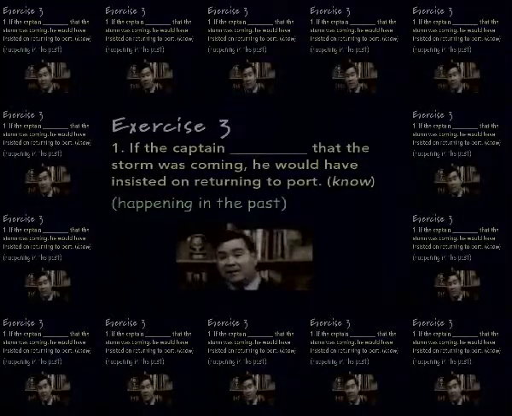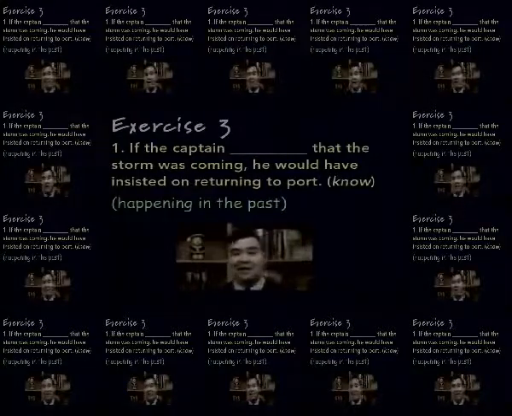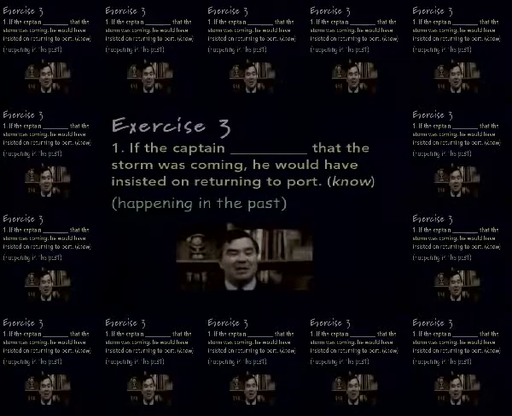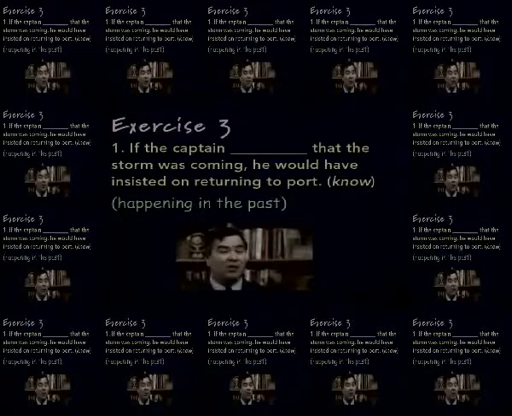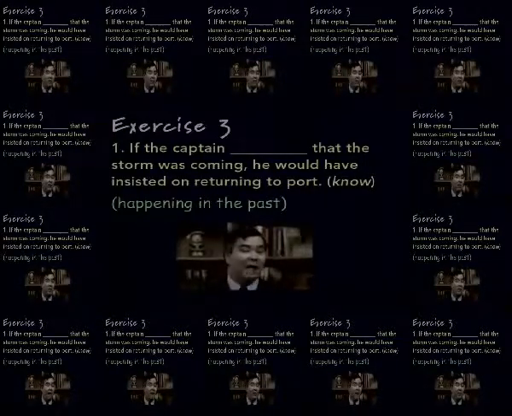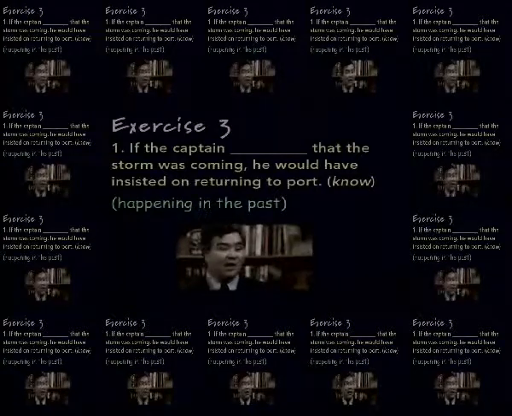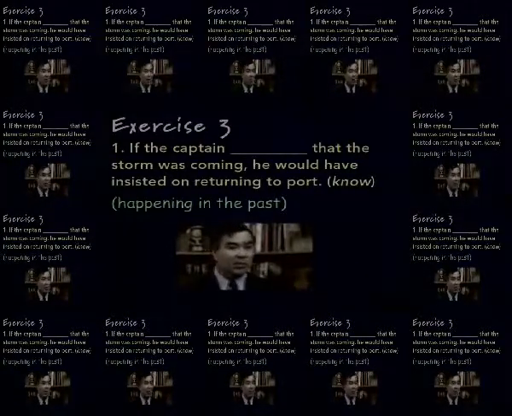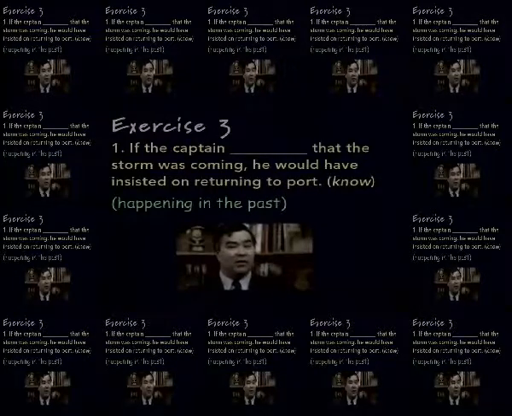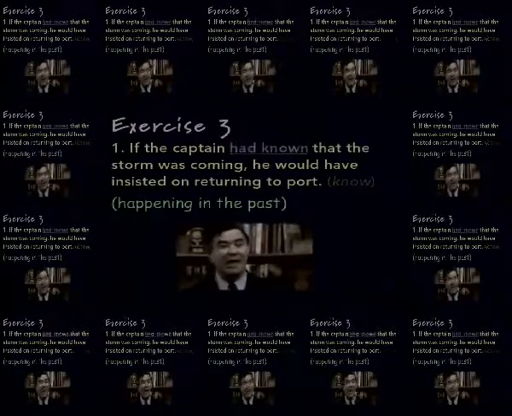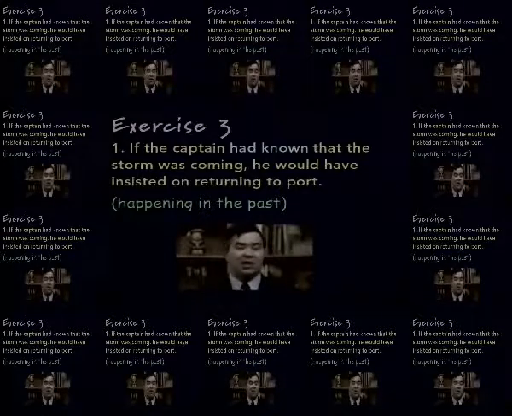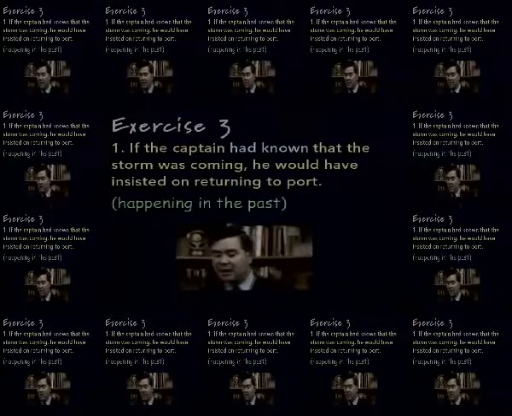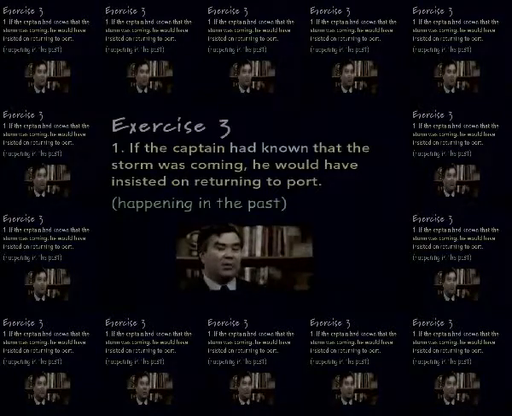So we want the past tense, and remember the past tense of the subjunctive mood would look the same as the past perfect. We want to use, therefore, the helping verb had together with the past participle of the verb to know. So the proper subjunctive mood verb to insert in the blank here would be had known. And the sentence would then read, if the captain had known that the storm was coming, he would have insisted on returning to port.